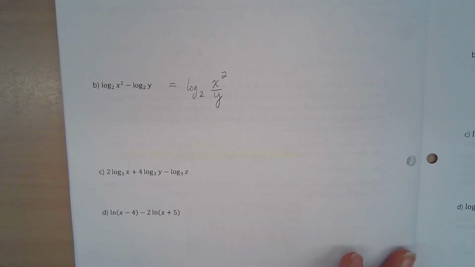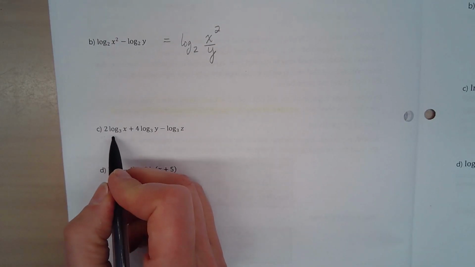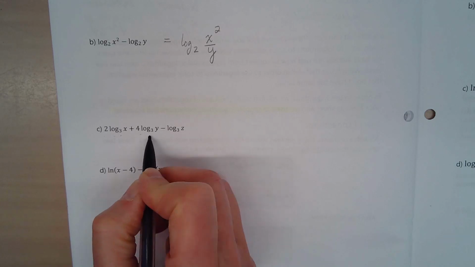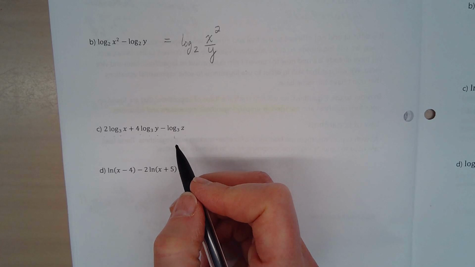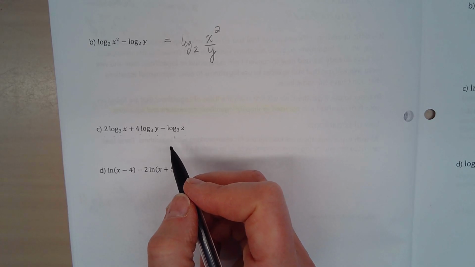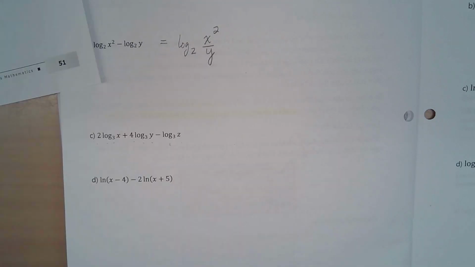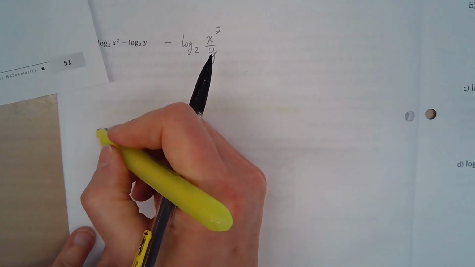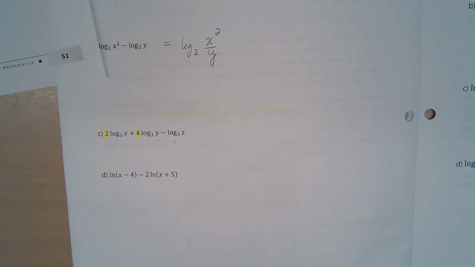What about the next one? Now be careful. I have 2 log base 3 of x plus 4 log base 3 of y minus log base 3 of z. They're all the same bases. You see something else going on here, though? I've got coefficients. Coefficients expand things further, and I want to shrink this.